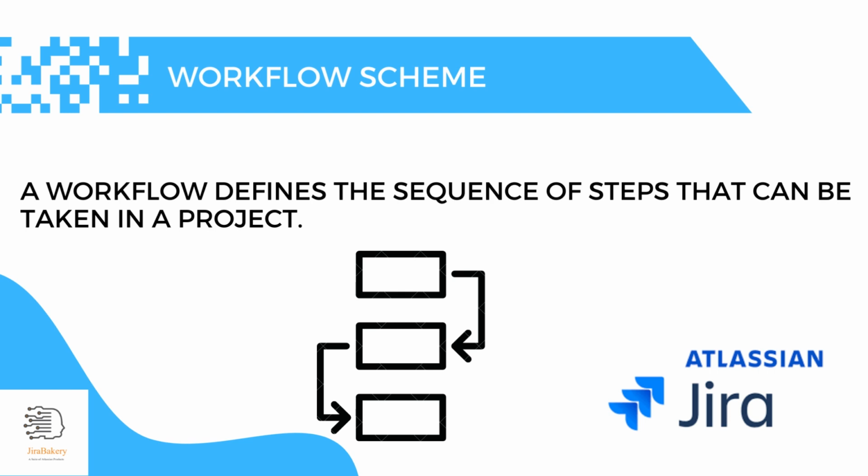The story issue type may have workflow steps like to do, evaluation, in progress, and done. These are the workflow steps. Whereas bug may have different workflow steps like to do, in progress, QA failed, or done.